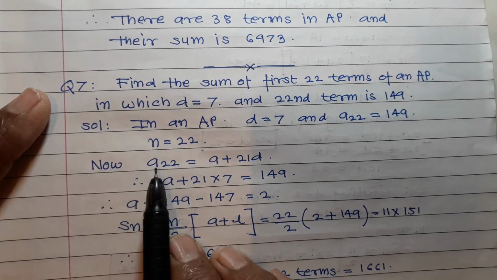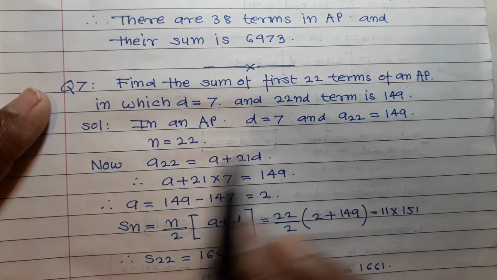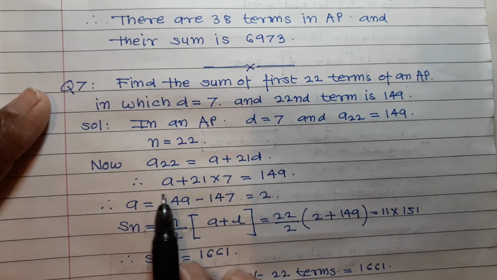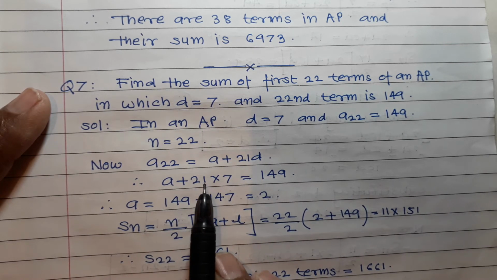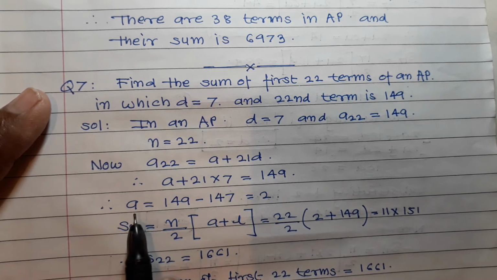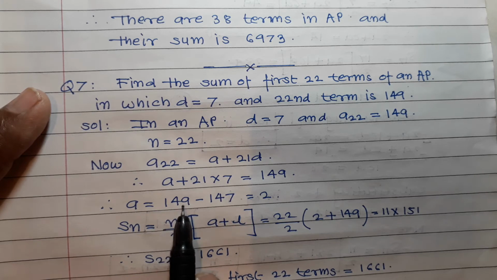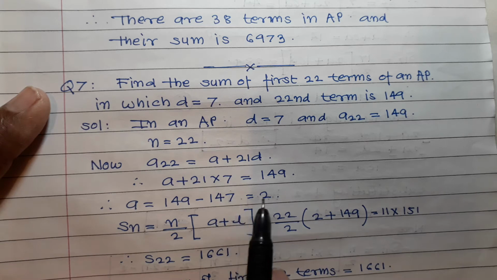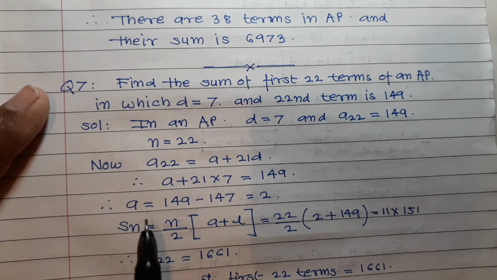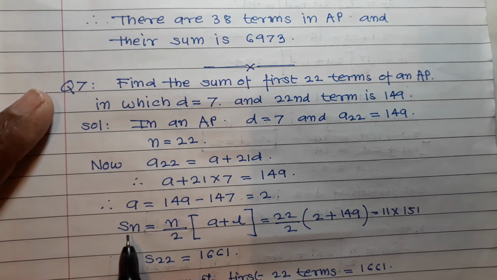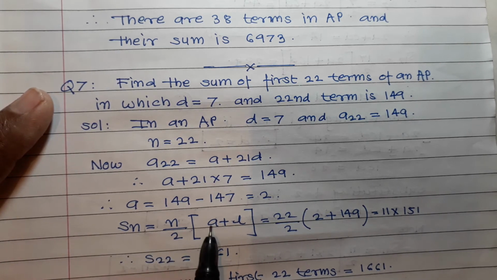Now a_22, this is given, a_22 is equal to a plus 21d, and therefore a plus 21 into 7 is equal to 149, and therefore a is equal to 149 minus 147 gives you 2, and therefore a is equal to 2, and hence S_n is equal to n upon 2 into bracket a plus l.